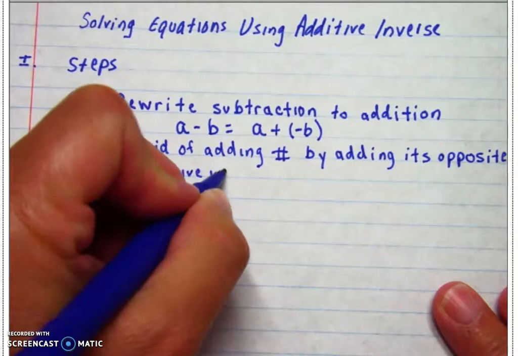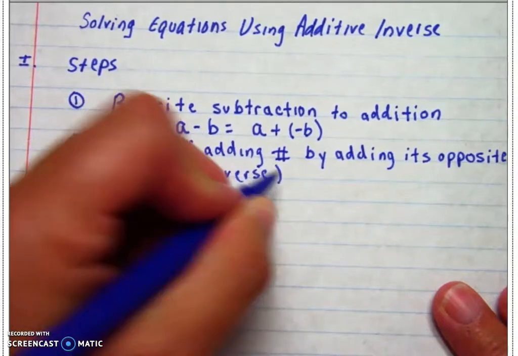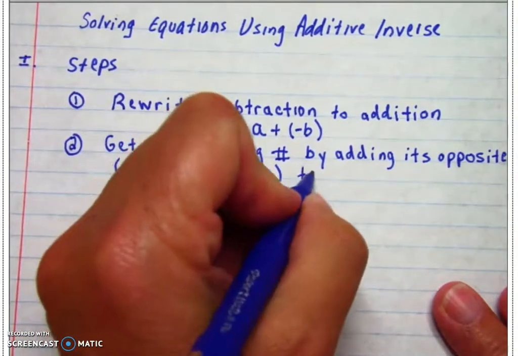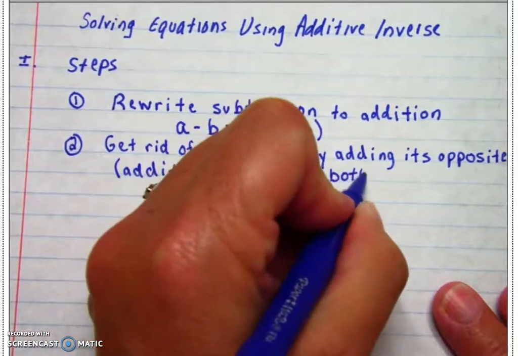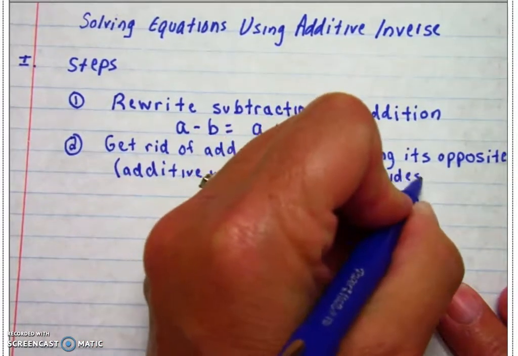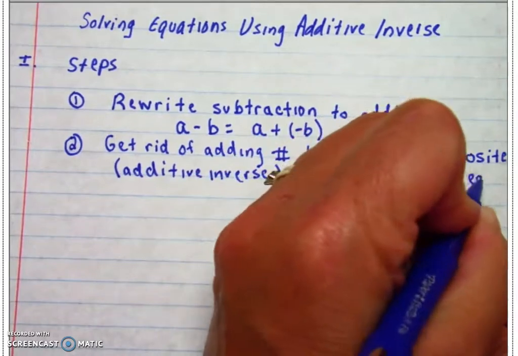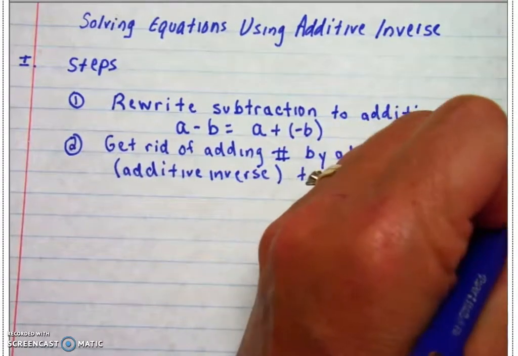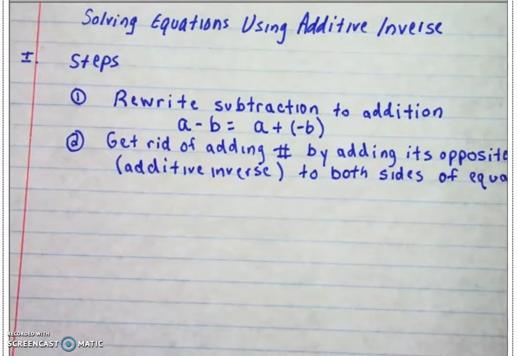Those are opposites. It's just the real math term. We add it to both sides of the equation. You want to keep the equation balanced. So whatever you do on one side, you have to do the same thing on the other. Okay?